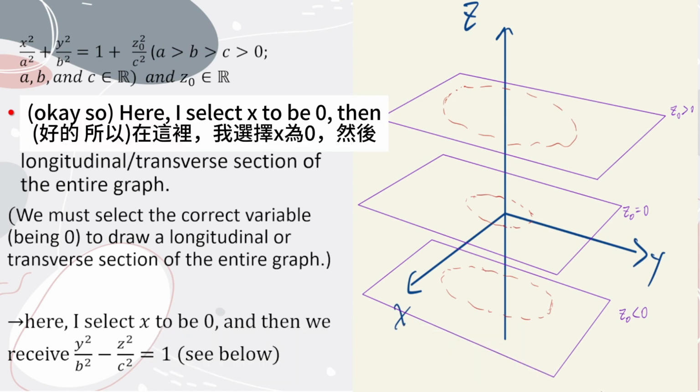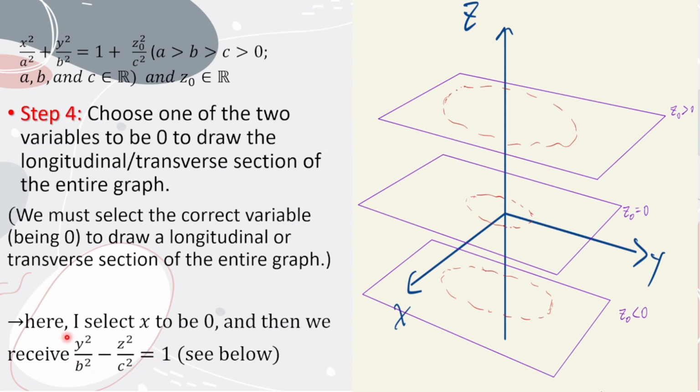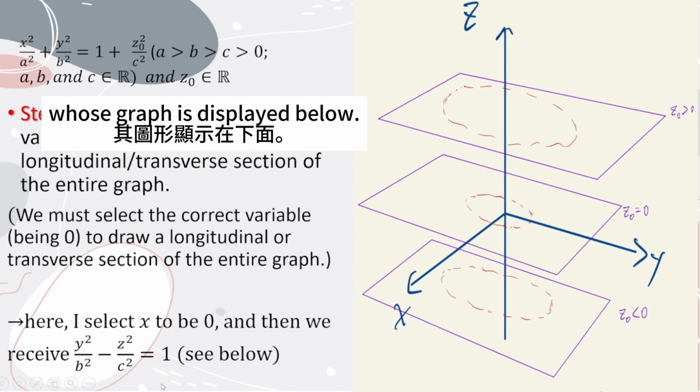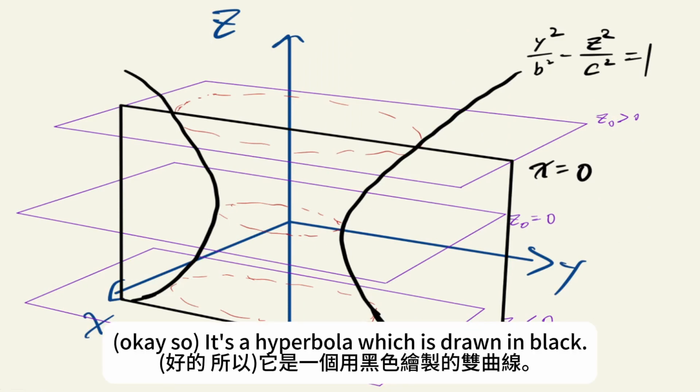Okay, so here I select x to be 0, then we will receive this equation, whose graph is displayed below. Okay, so it's a hyperbola which is drawn in black.